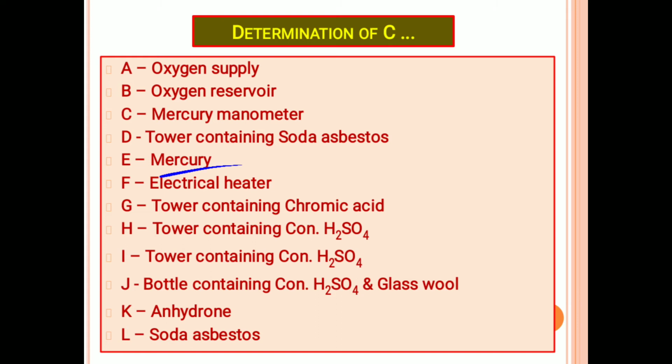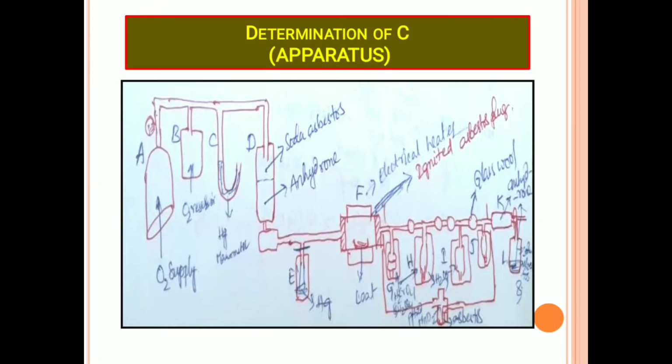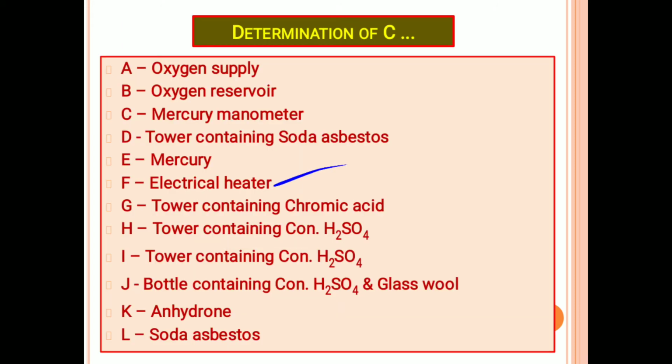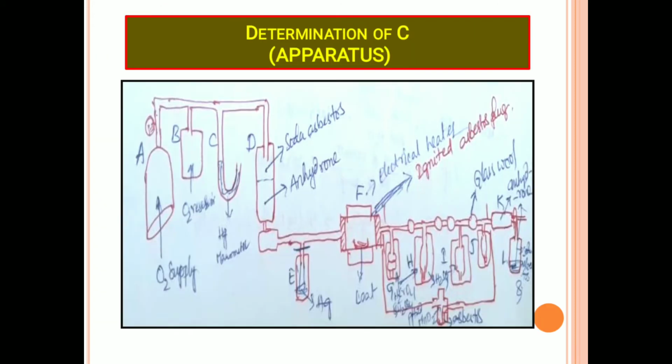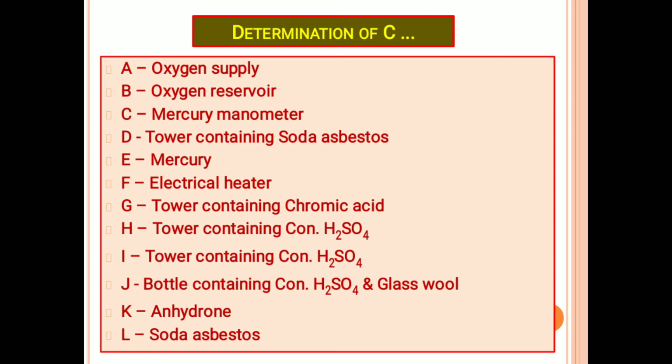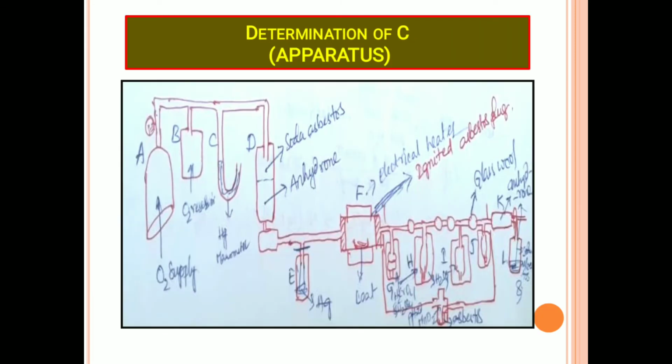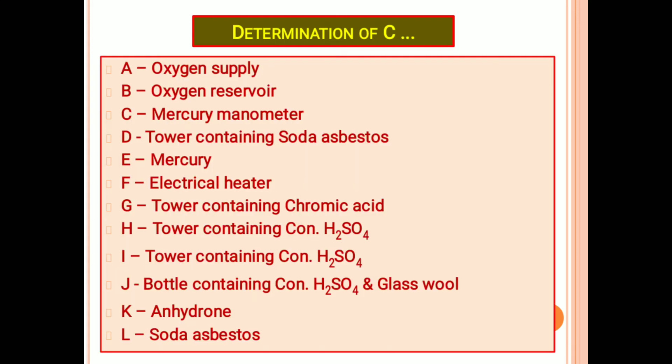Next, E contains mercury. And F is a furnace, that is, the electrical heater, in which the sample will be heated. Next, G is the tower containing chromic acid. You can observe here the tower which contains chromic acid, H2CrO4.